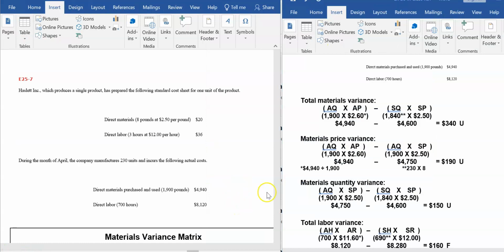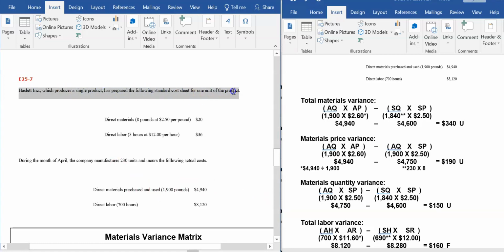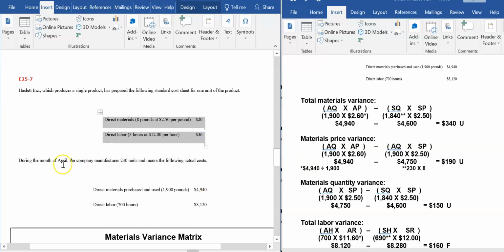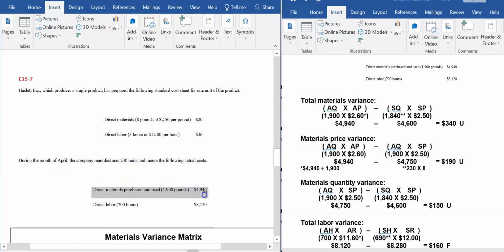Okay, let's use those concepts and try it again, and hopefully this will help it sink in a little bit more. This company produces a single product and has prepared the following standard cost sheet for 1 unit of the product. These are all of their standards for materials and labor. And then during the month of April, the company manufactures 230 units and incurs the following actual costs.